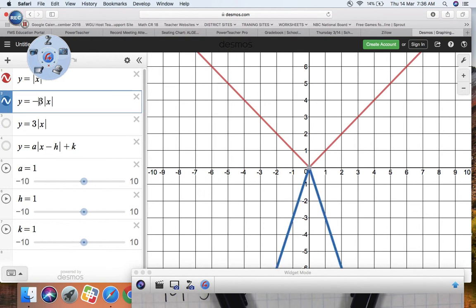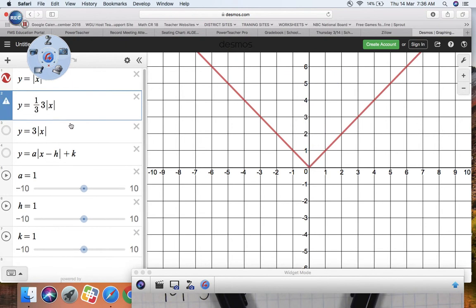Okay, now the last one I want to look at is a fraction. So if I would do 1 divided by 3, notice that one is wider. So again, this red is still the parent function. And then if you notice, it's going up 1 over 3. So it's switched, kind of like slope, rise over run. It's going up 1 and over 3.